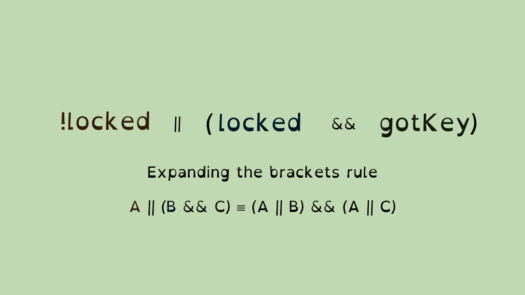And in this situation, A is equivalent to not locked, B is equivalent to locked, and C is equivalent to got key. Now I know that this is maybe a little bit confusing because not locked and locked are actually related. However, when we're applying this rule, we take not locked as if it's independent from locked, and so we can apply the rule.